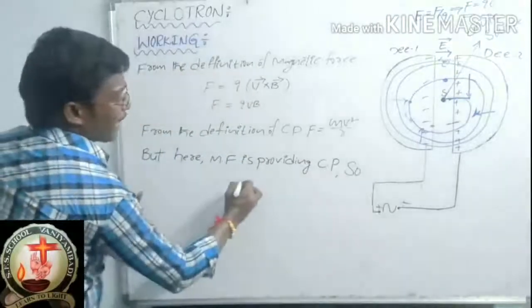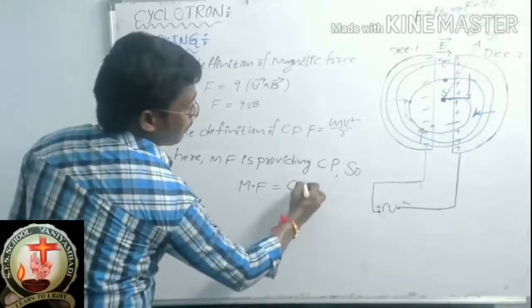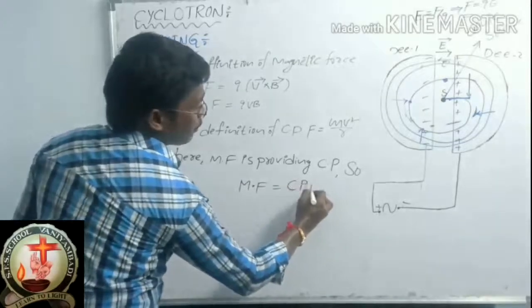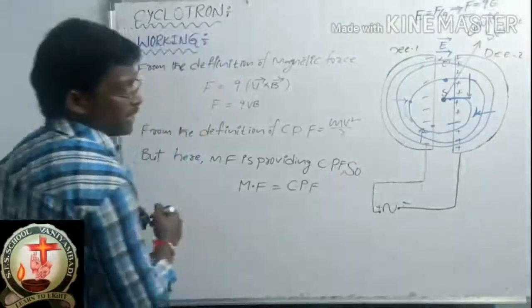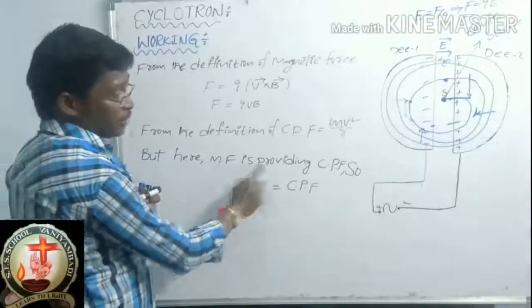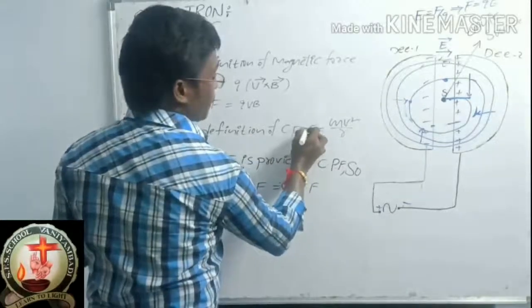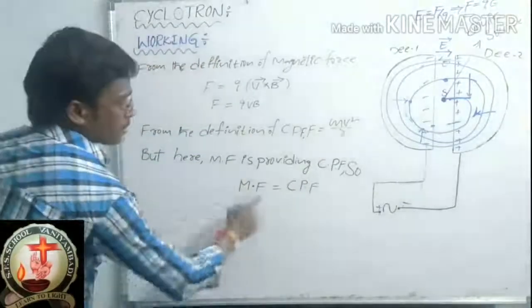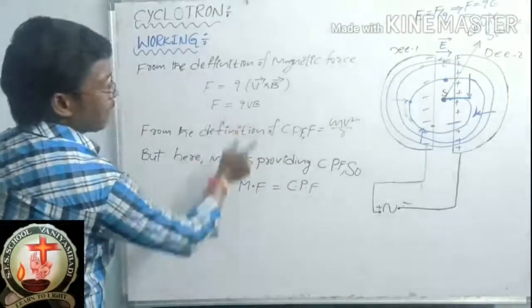So magnetic force MF is equal to centripetal force CPF. Just remember that. Now, what is the MF value? The magnetic force value.